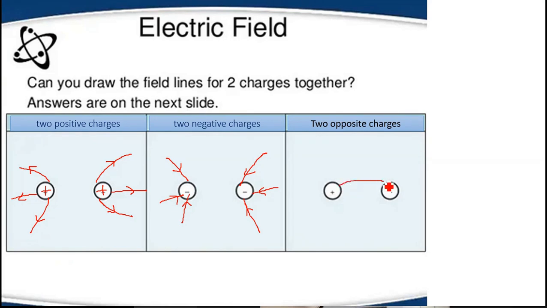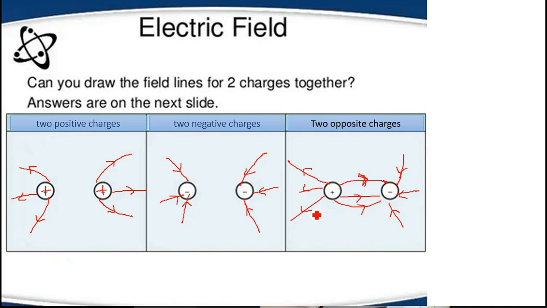It means the arrow will be to the right, from positive toward the negative. That's why it is toward the negative charge, and away from the positive charge.